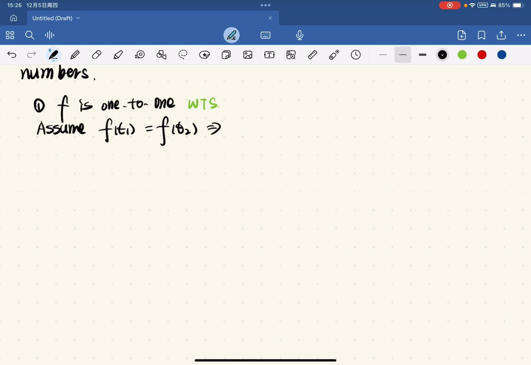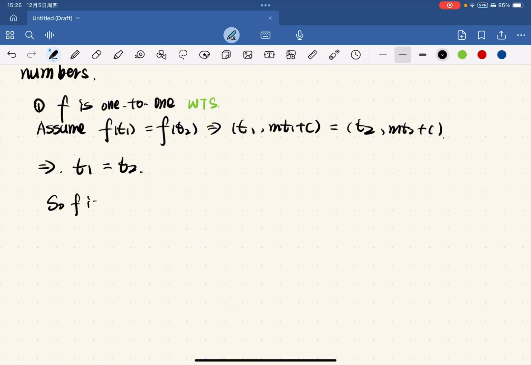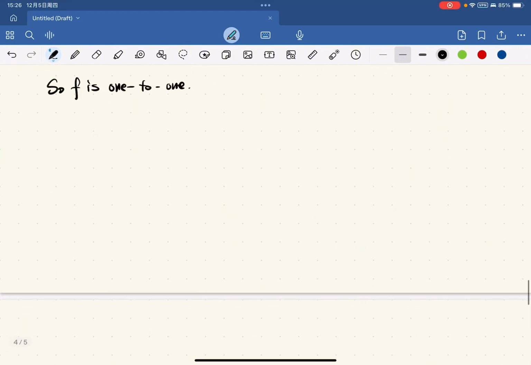By substituting, we find that mt equals mt', so we know t equals t'. So f is one-to-one.